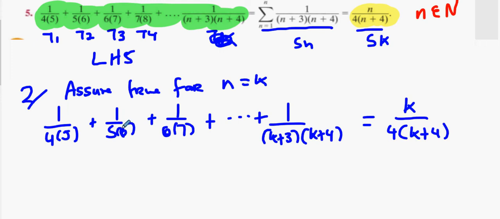Alrighty. Now, we assume true for n equals k, alright, and we already know that n equals 1 is true. Now what we're going to do is test n equals k plus 1. Okay, and here's what's going to happen here.